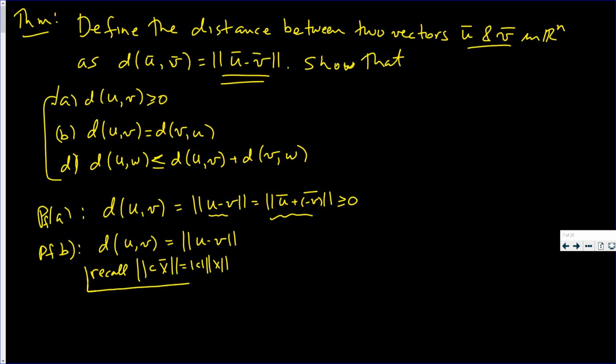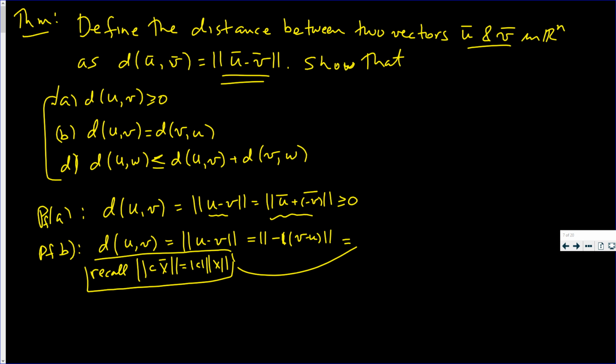Okay, and we're going to use this. So this becomes the length of negative 1 times v minus u. And I guess the theorem that I just stated is used for this one.